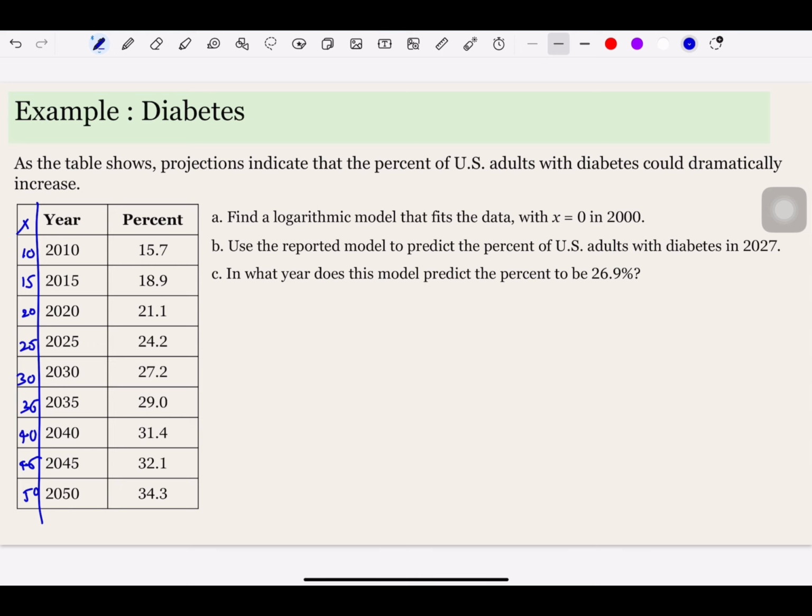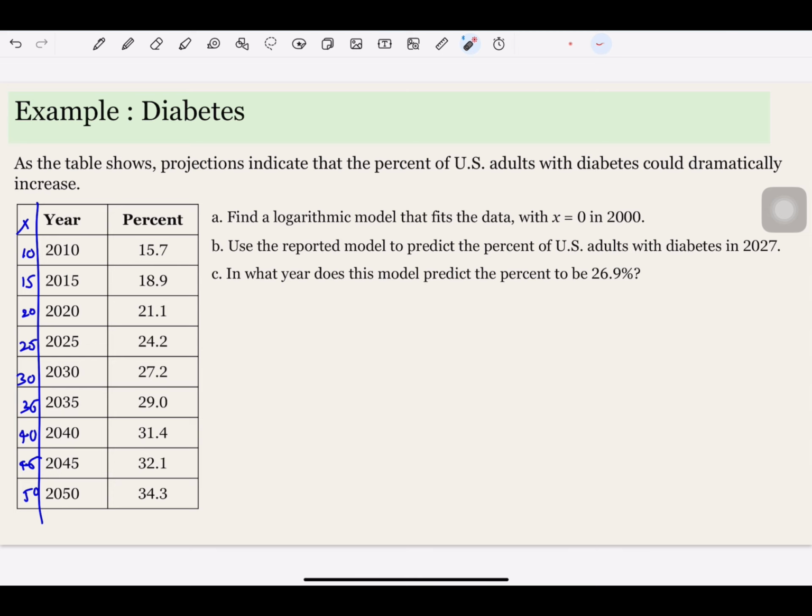Remember, these are the x values, and you take the percent as the y values in a graphing calculator, and you can use stat and calc, the logarithmic regression in your calculator, and you can model this data.